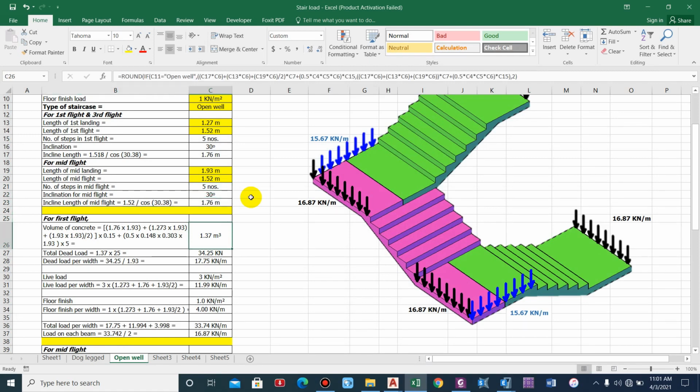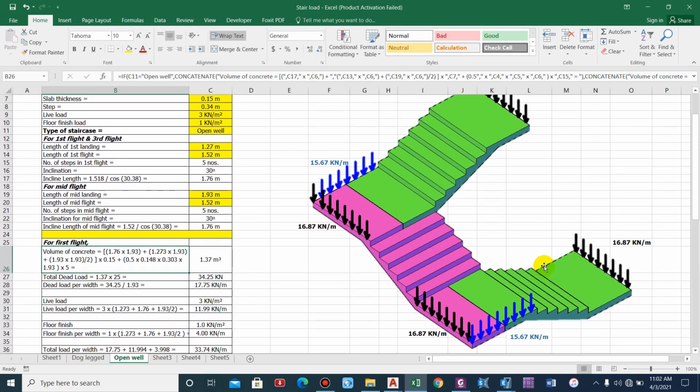Now for first flight volume of concrete, so this is the point that we have to understand. 1.76 into 1.93, that is the area of the inclined slab. 1.76 is the inclined length, 1.93 is the width of the section, plus 1.273 into 1.93. So for first landing there are no issues, we'll consider the whole length.